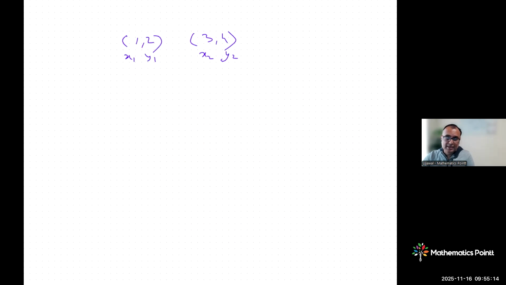The technique that I'm going to use is called point slope form, which means that I need 1 point and the slope.